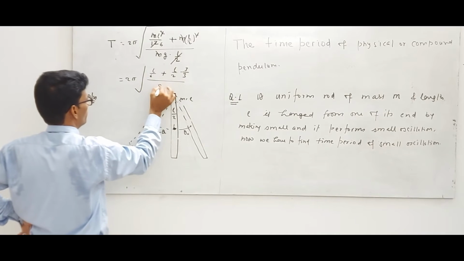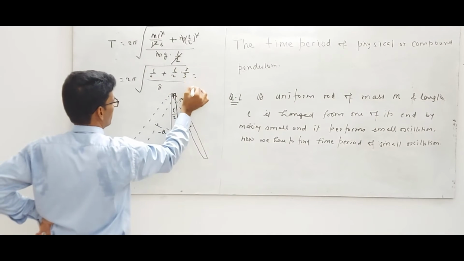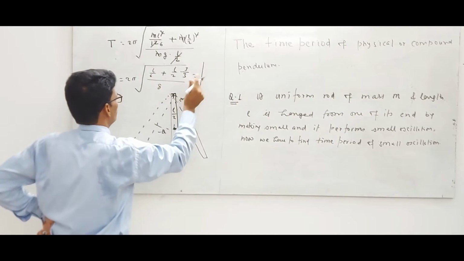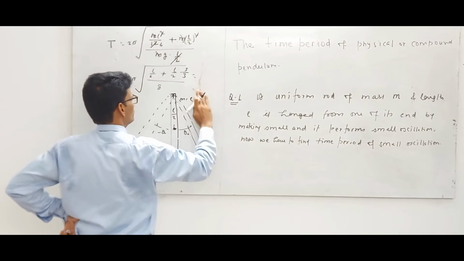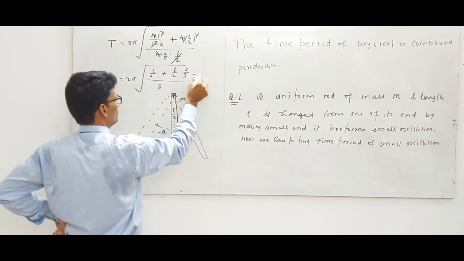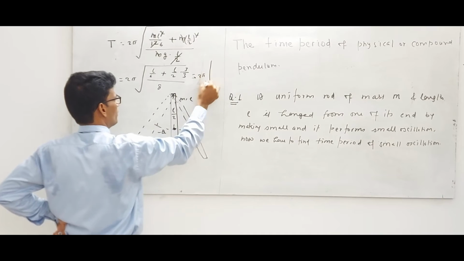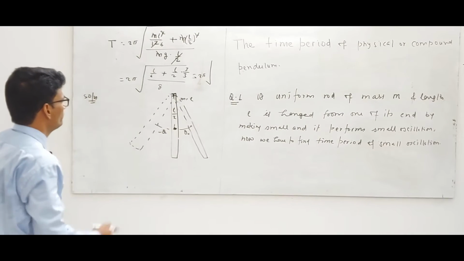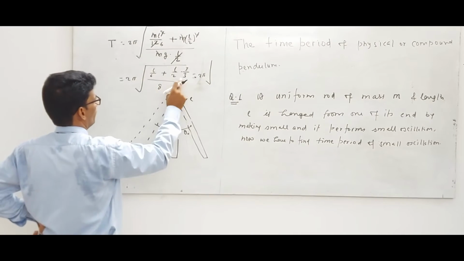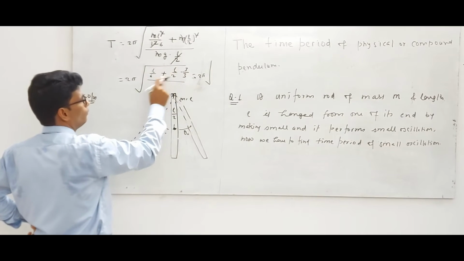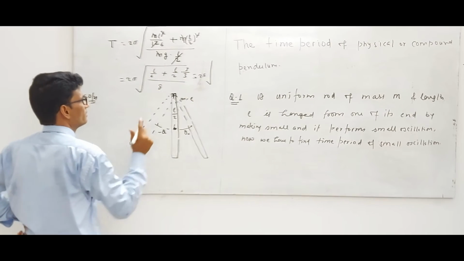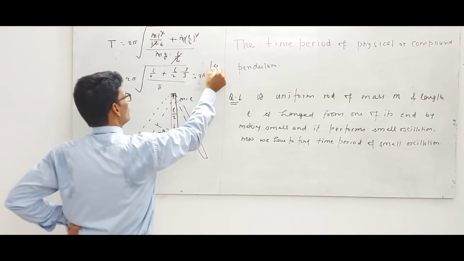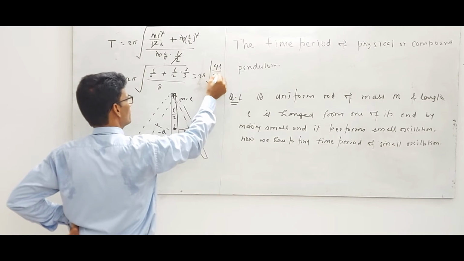So this comes out to be 2 pi square root of 4L over 6G.